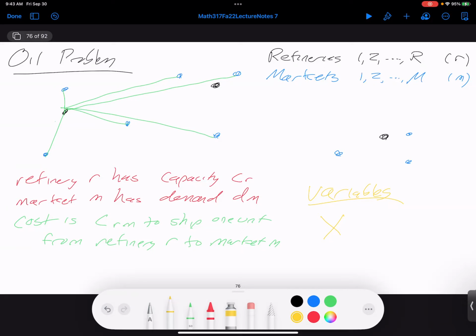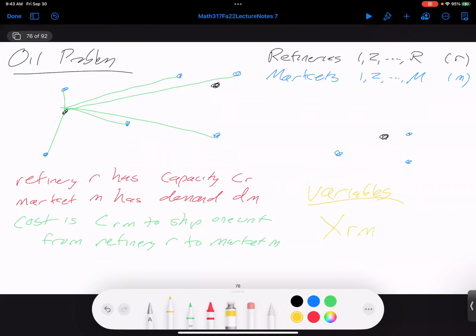So C_R was the capacity of refinery R, D_M was the demand of market M, C_RM was the cost of sending from refinery R to market M one unit of oil. What subscript should I have on X? RM.